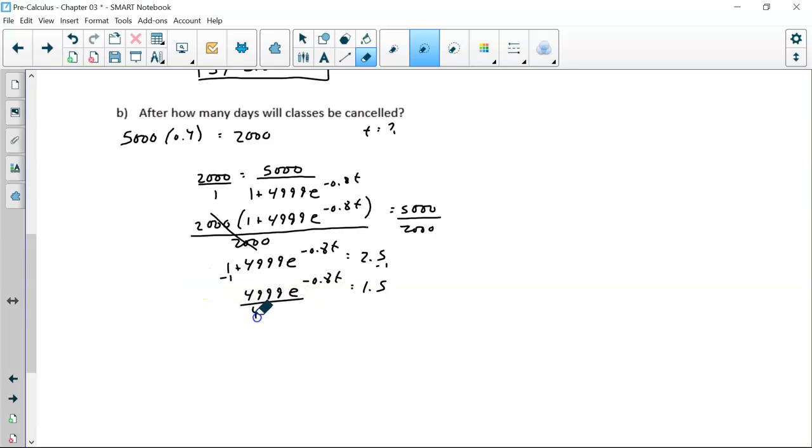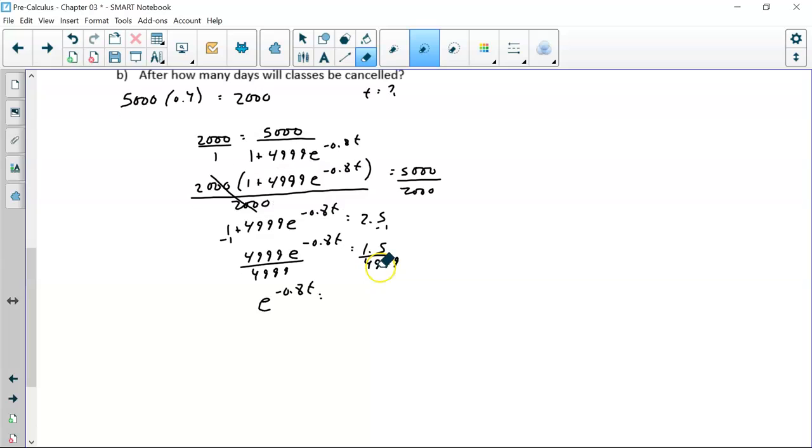Then we divide both sides by 4,999. e to the negative 0.8t equals, now I'm actually going to leave it as 1.5 divided by 4,999. I don't feel like dealing with the decimals right now, and I'm going to save all my rounding until the end. So to get rid of the e, we're going to take the natural log of both sides.